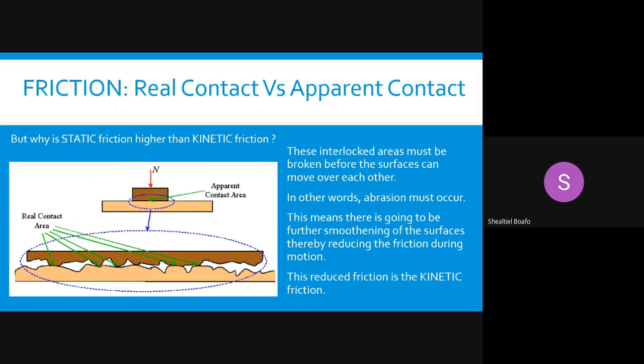And thirdly, the area of contact has increased. Since there has been breaking of interlocking bonds, area will definitely increase. That means more surfaces, or more parts of the surfaces, will now be touching each other. So the area of contact has increased, which means that pressure has reduced. These are the 3 factors that lead to the reduction of static friction, which now becomes kinetic friction. Any question?